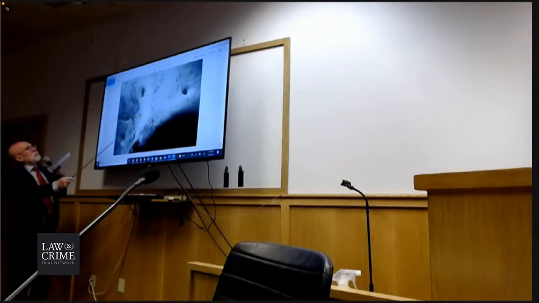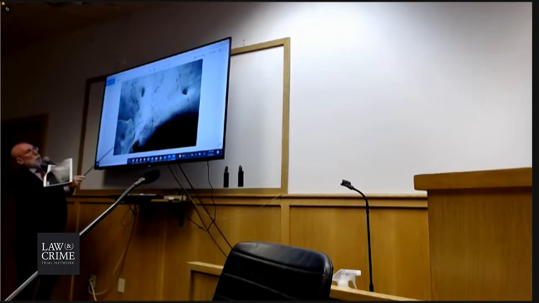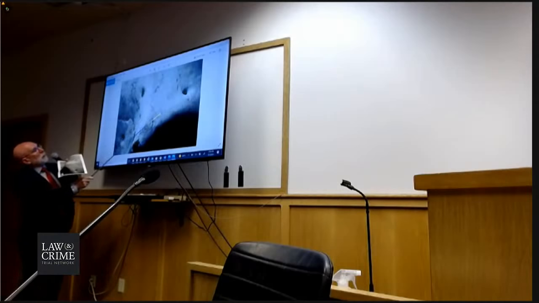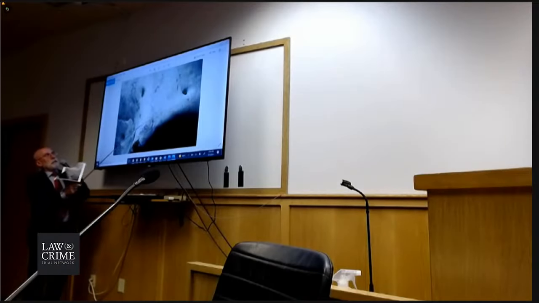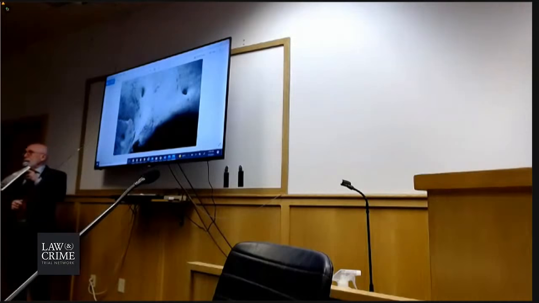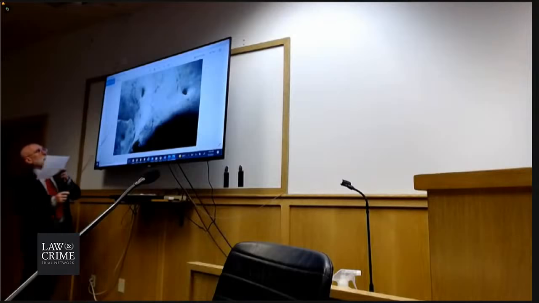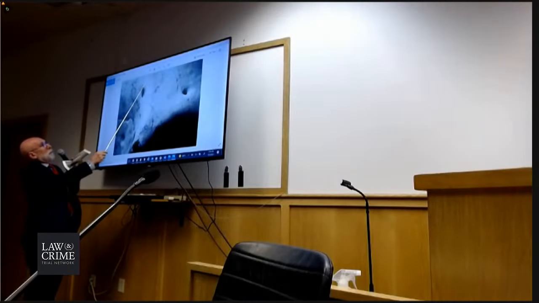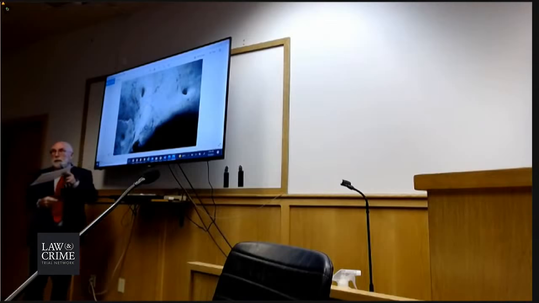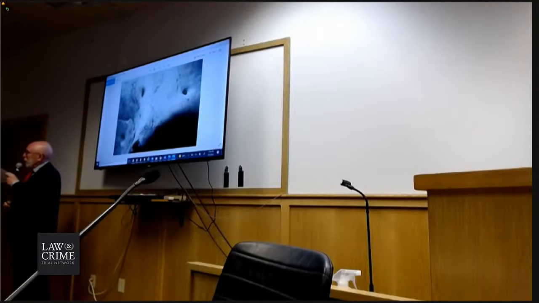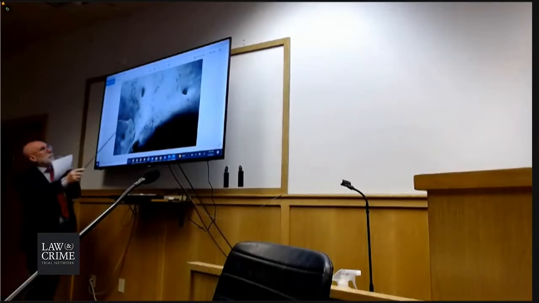If you take a look at the bone surface, you can see bright white areas. There's actually some little flecks of blue, little flecks of red, and those are deposited in areas where the bone surface is not smooth and even. So in areas where the bone is smooth and even, the casting material has not adhered.